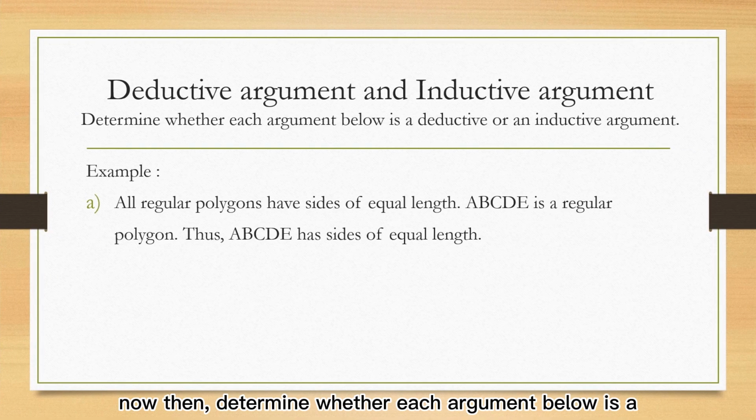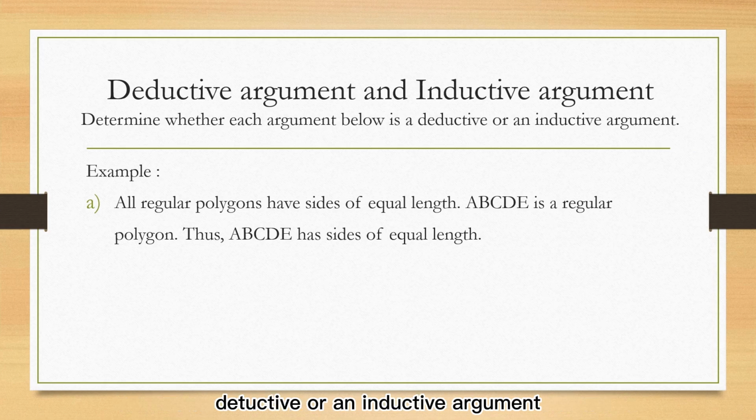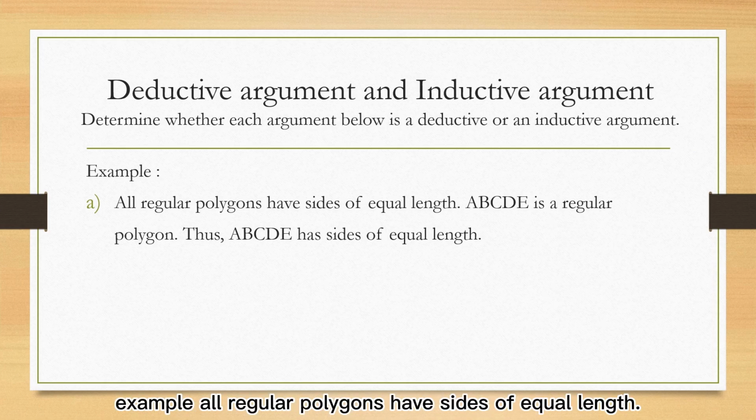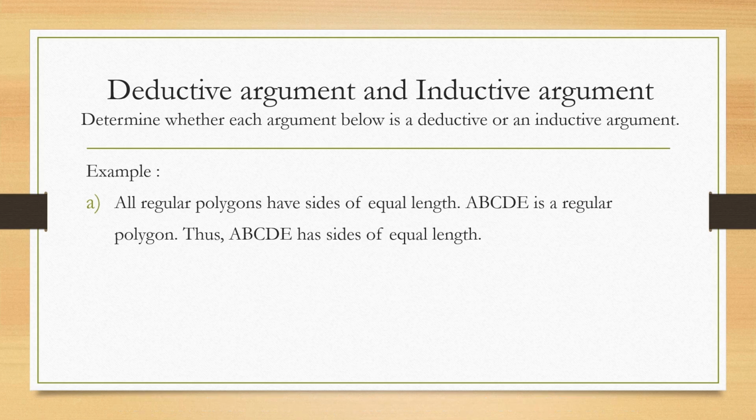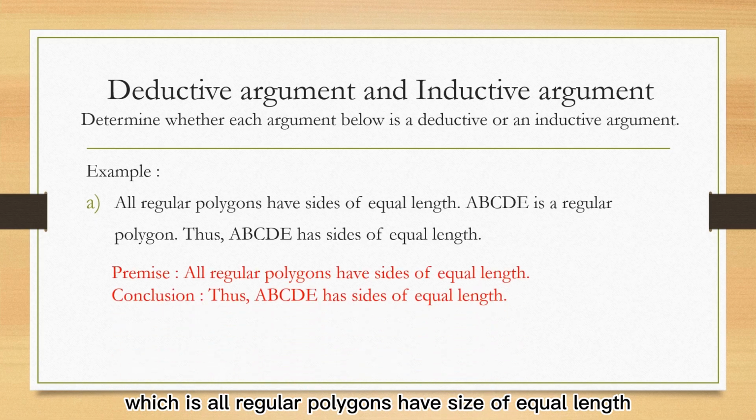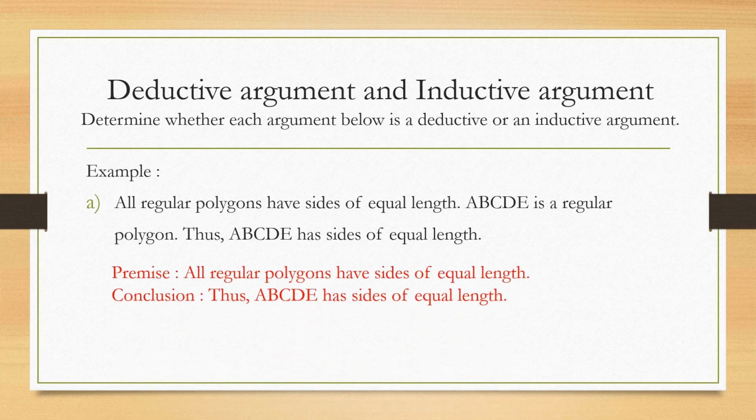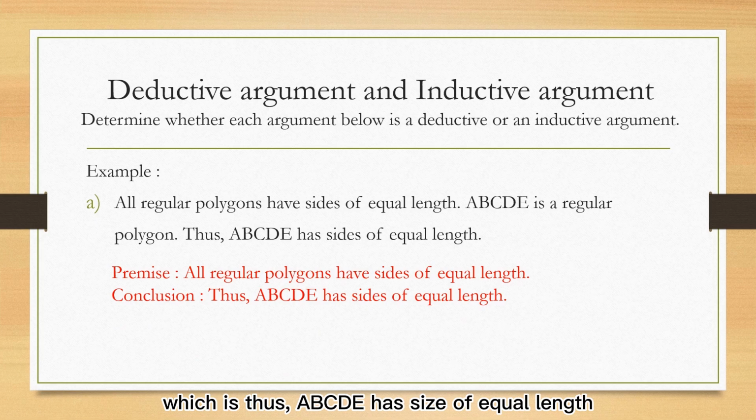Now then, determine whether each argument below is a deductive or an inductive argument. Example: all regular polygons have sides of equal length. ABCDE is a regular polygon. Thus, ABCDE has sides of equal length. In this argument, we can find a premise, which is all regular polygons have sides of equal length, and a conclusion, which is thus ABCDE has sides of equal length.